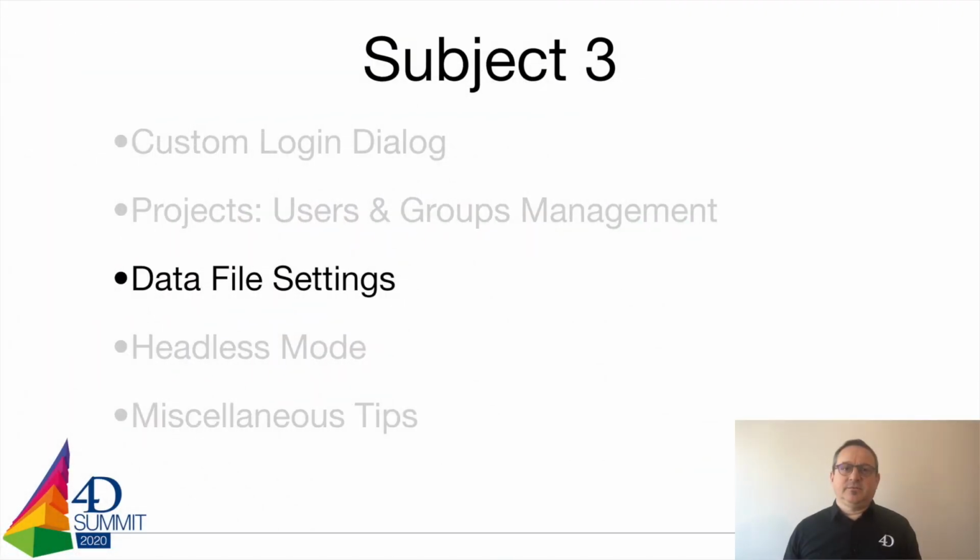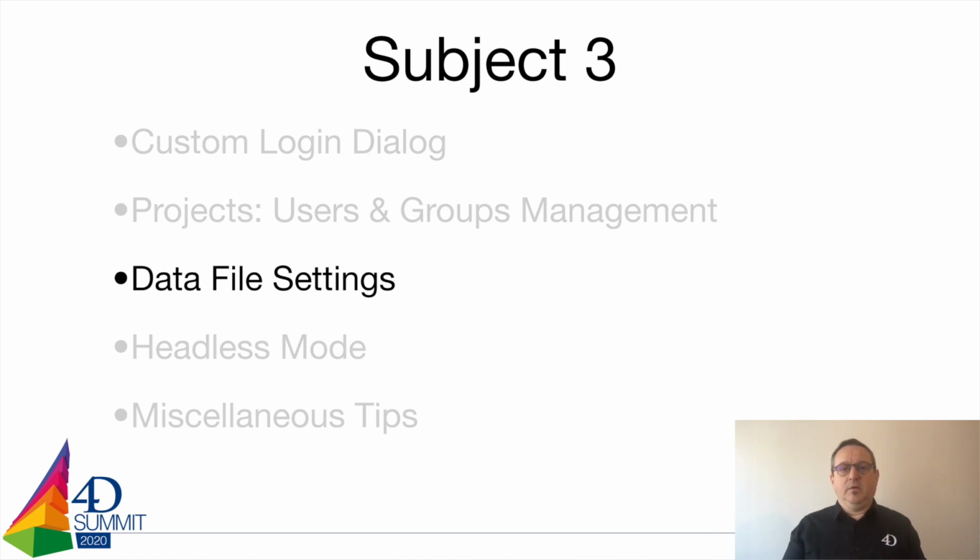So that's all for this demo. Back to the slides for the third subject, which is the settings related to data file. I remind you that it's best practice to put your data folder outside the package or outside the application folder, because in deployment, you have to make your package or application folder untouched.